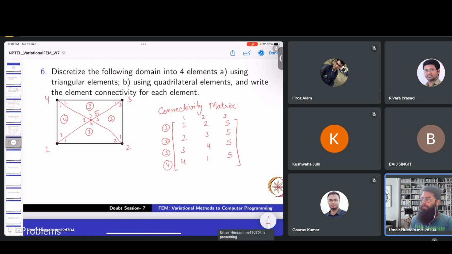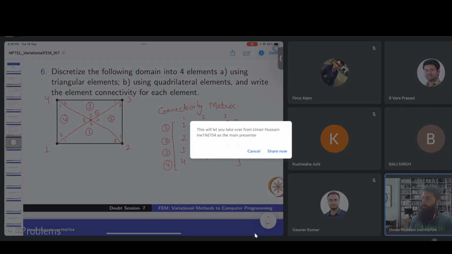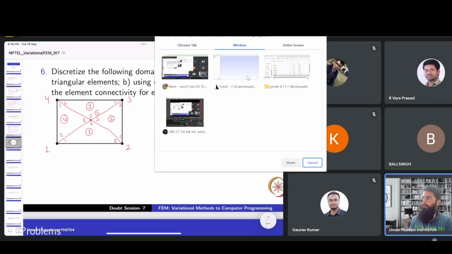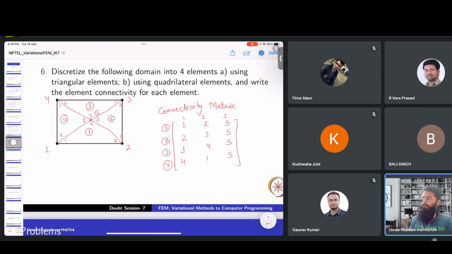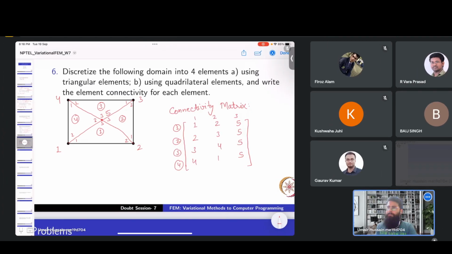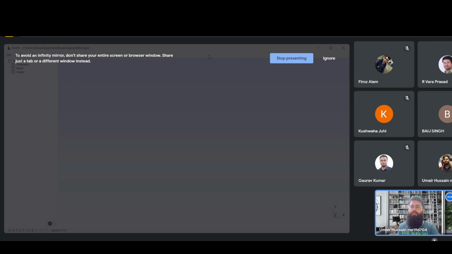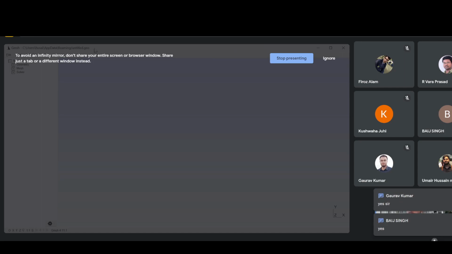So let me share my screen here. Can you see this Gmsh window? Yeah. So we create a new file here.